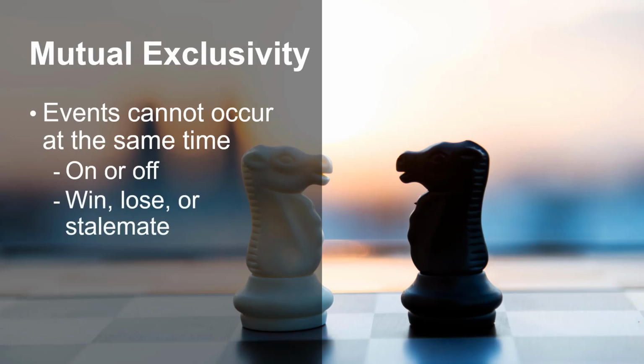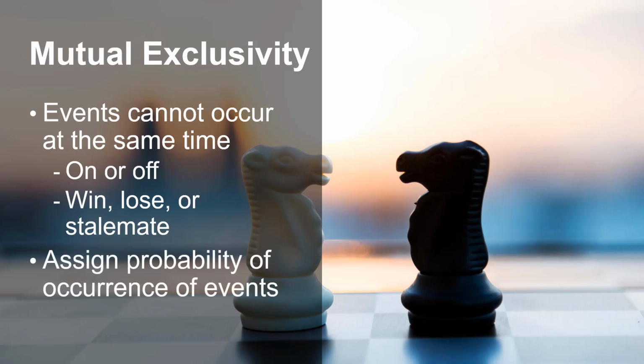For example, in chess, either black or white wins or neither wins when you have a stalemate. If we now factor in the probability of occurrence of all events, the sum of the percentages always add up to 100%. For instance, the motor of your car is on 30% of the time and it is off 70% of the time. And this is what you need to understand about mutual exclusivity for the decision tree analysis.